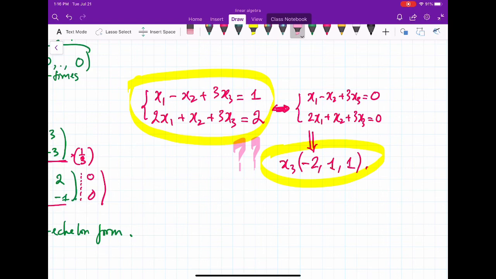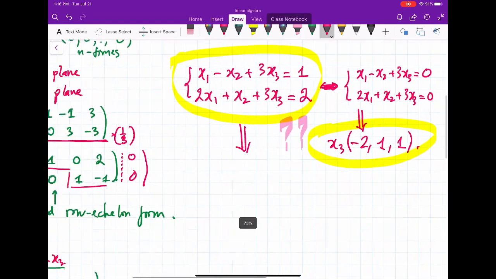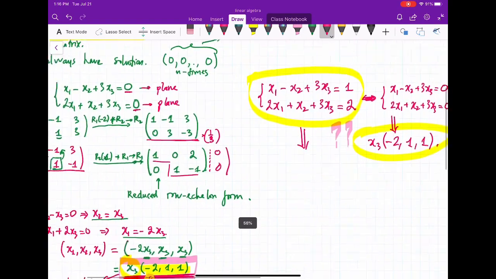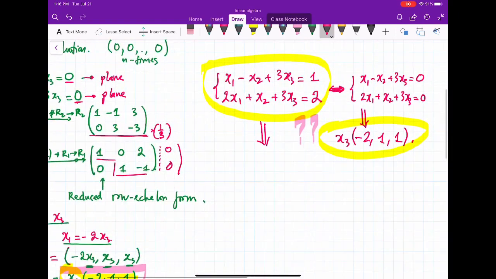All right, so if you want to see that, we need to solve these systems in the usual way. I will just copy everything from here, but I will rewrite the augmented matrix. I have 1, -1, 3, 1 in here, okay? And then 2, 1, 3, and 2.